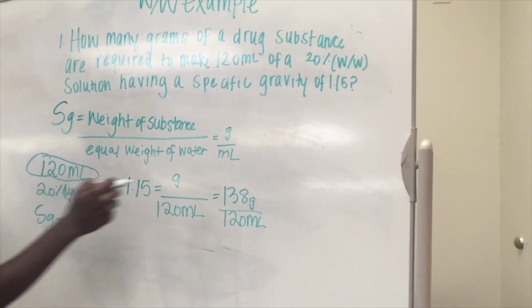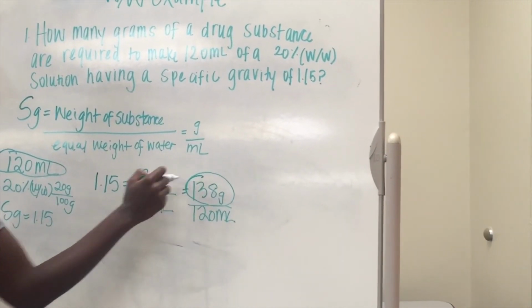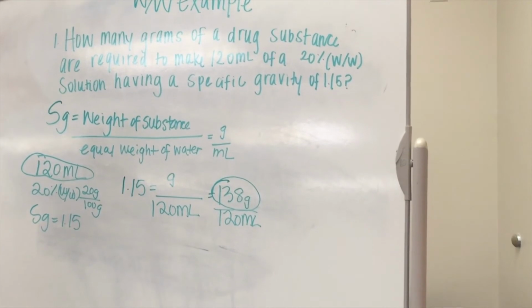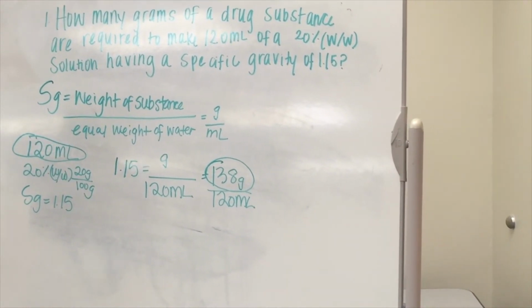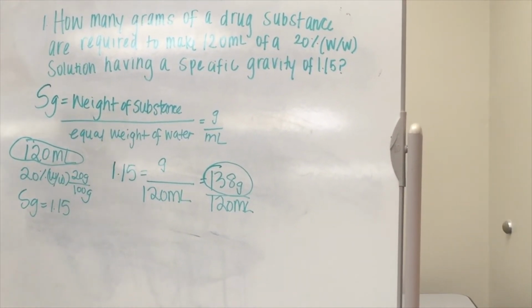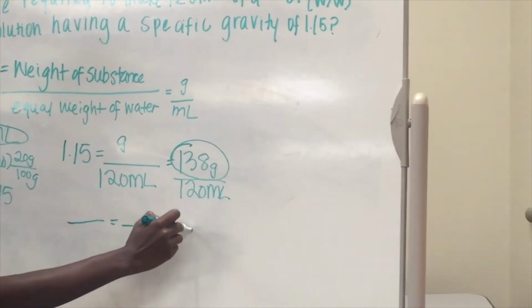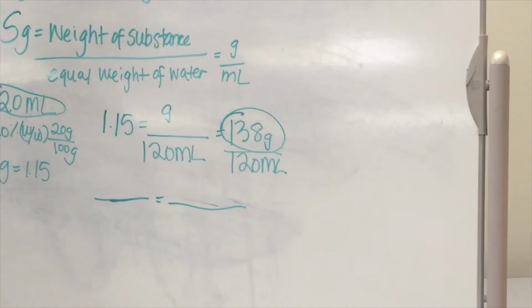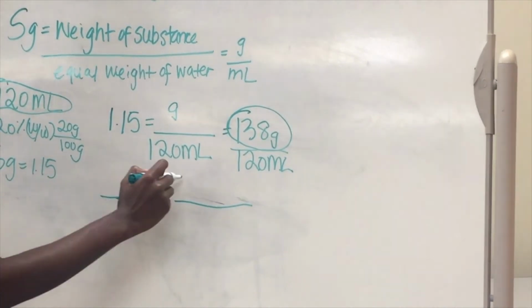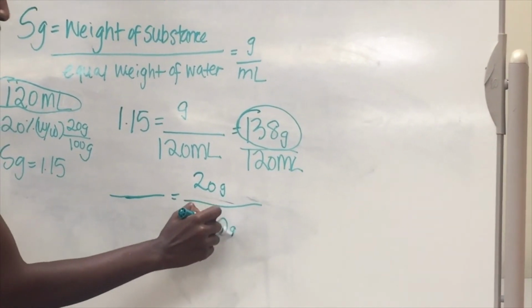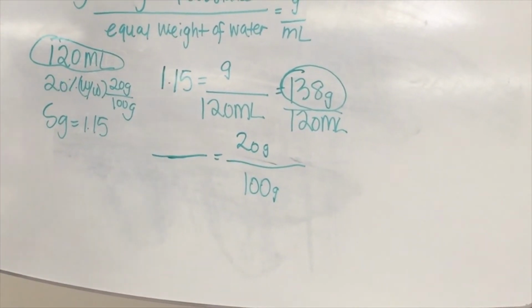Okay, now that we have our 138 grams, we're looking for how much of the active ingredient we need to make it a 20% weight per weight solution. So let's set up our proportion. Okay, so we know that we're given our 20 grams per 100, and that's what we want our percentage to be.